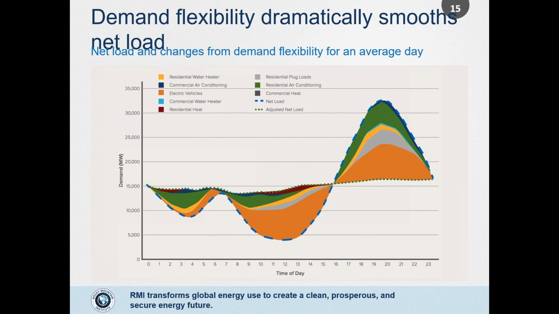So as you can see, demand flexibility flattens this net load curve. It significantly brings down that peak, and it also reduces that afternoon ramping that folks have really discussed at length as being a potential problem.